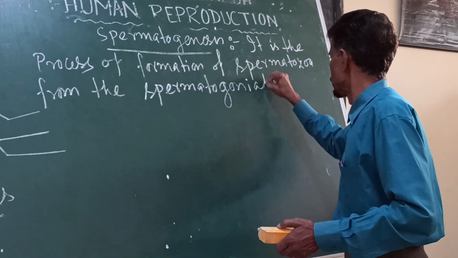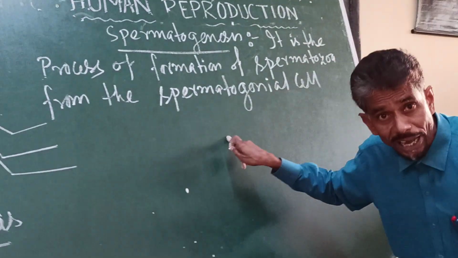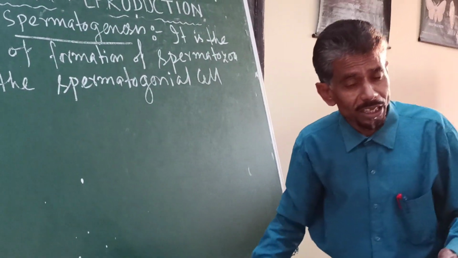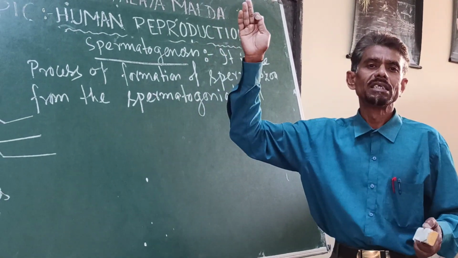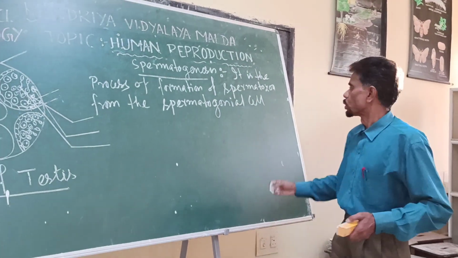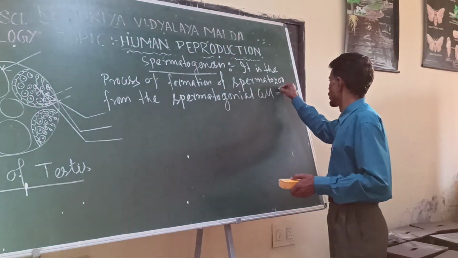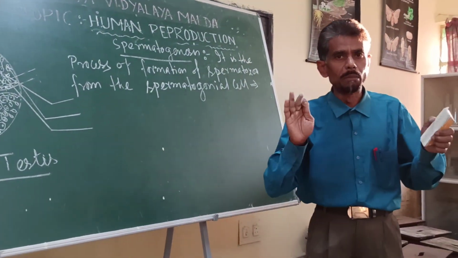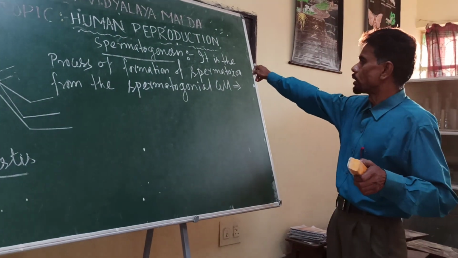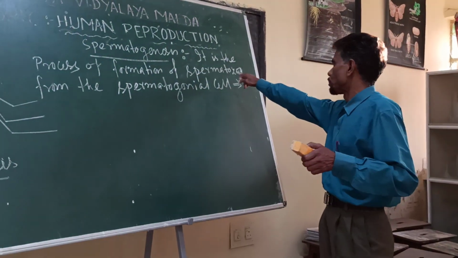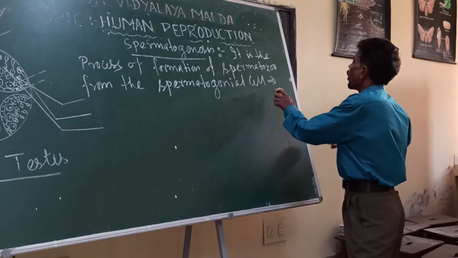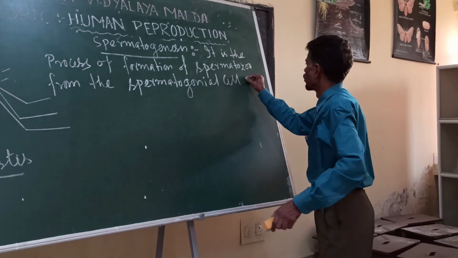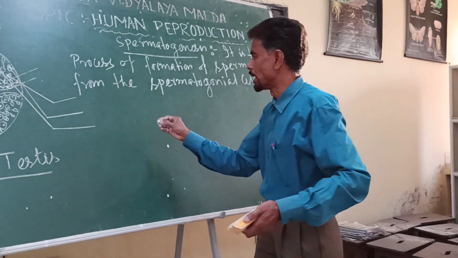Where is this spermatogonial cell present? It is present within the seminiferous tubule. So this process takes place within the seminiferous tubule.